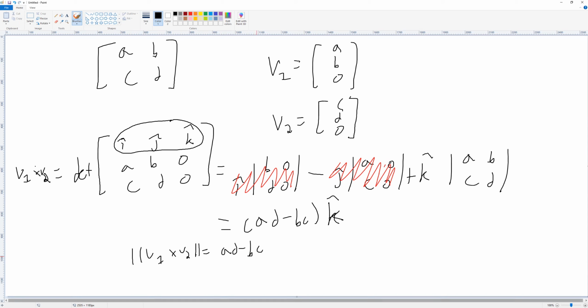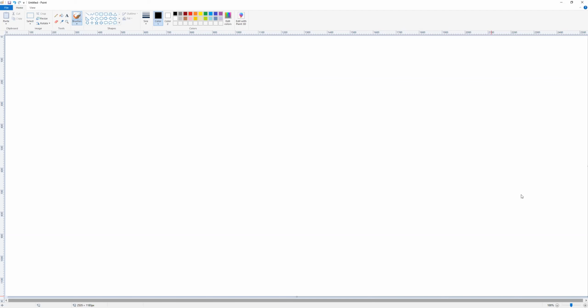So this is a proof of concept. Our determinant approach works, and it still gives us a magnitude of the cross product equal to the 2 by 2 determinant for the same parallelogram. And that is the result that we should get for this question.